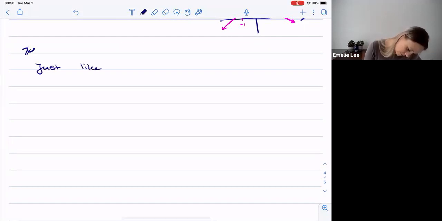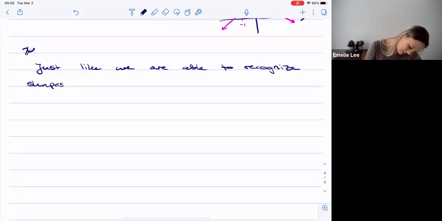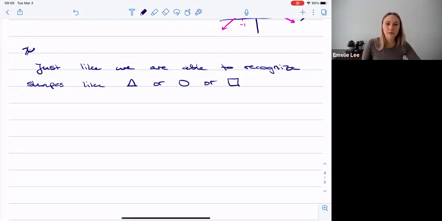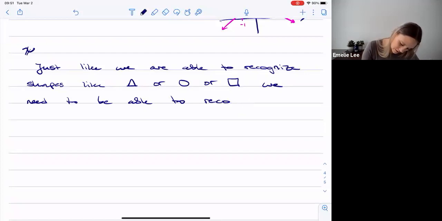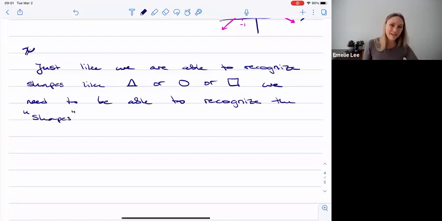Just like we are able to recognize shapes like a triangle or a circle or a square, we need to be able to recognize the shapes, I'll put shapes in quotes, or know the shapes of some common functions.